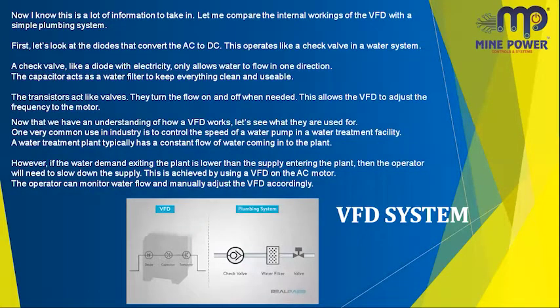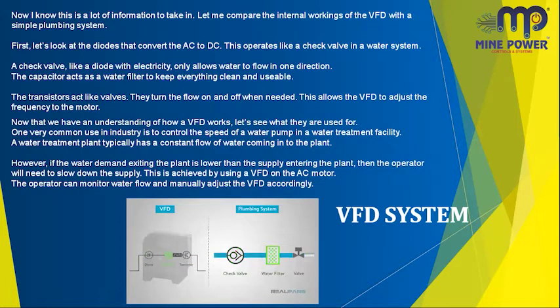Next, we are going to see a comparison of where the VFD drive is used. Mostly it is used in water treatment plants. For example, a diode and a check valve are two comparable things. A diode gives the supply but does not let it return; it is a single-way path for sending the supply.